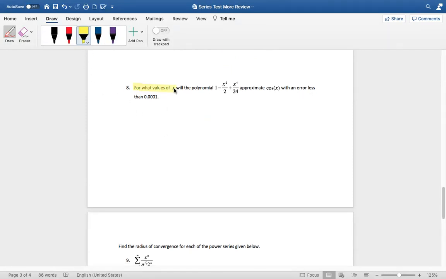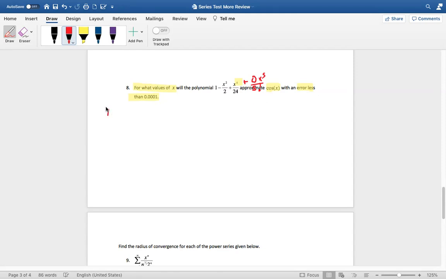For what values of x will the error be less than that number? So this is Lagrange backwards. This is 4th order. And remember the trick with sine and cosine? The 4th order polynomial is the same as the 5th order polynomial because the derivative there is 0.